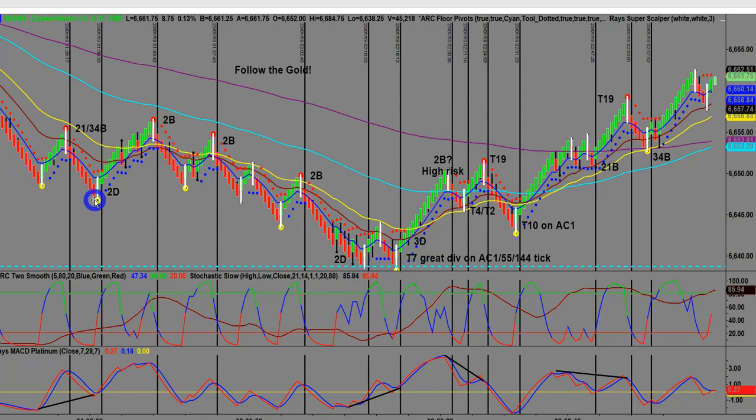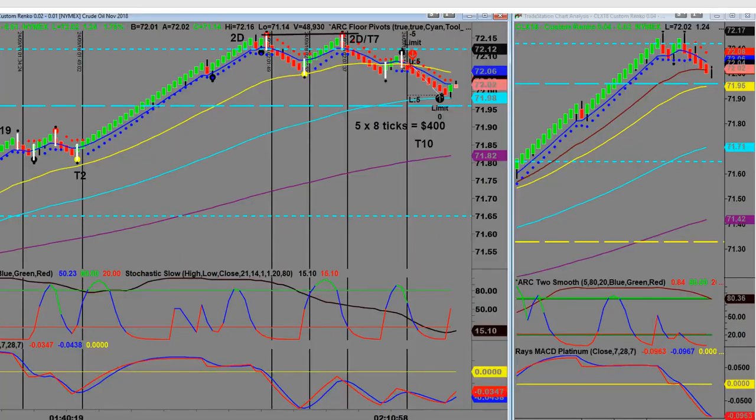So you did have a 2D there and it delivered nicely, but your highest probability is on the pivots. Now if you're trading oil or black gold, I recommend you always trade either a round number or off a pivot. If you're on the NQ or the ES, they're not too bad for trading if you're not at the pivot, where you're not getting a pivot bounce as well, but definitely on oil you really want to wait for those pivots.